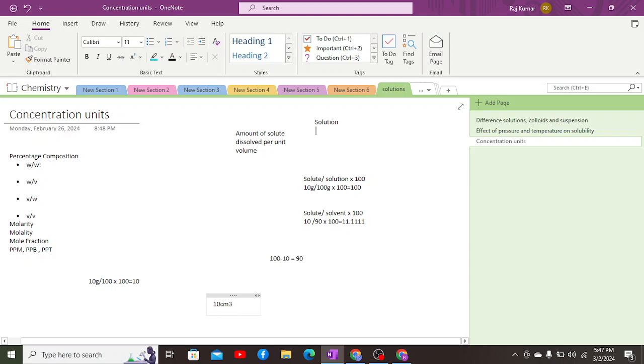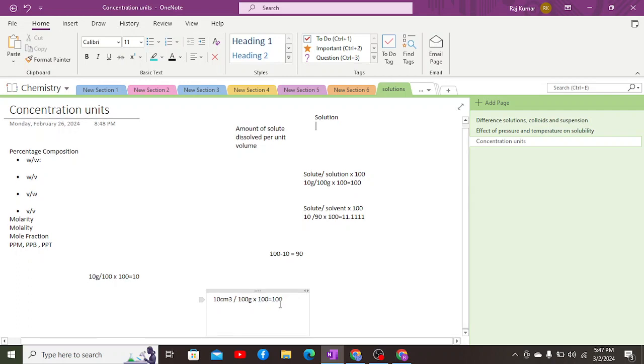So 10 centimeter cube taken divided by 10 centimeter cube divided by 10 centimeter cube divided by, let's take weight of the solvent, let's take 100 gram, right? If you're taking 100 gram, so in this case, answer obtained would be this, and into 100, right? So 100 divided by 100, 10 centimeter cube would be the answer, right?